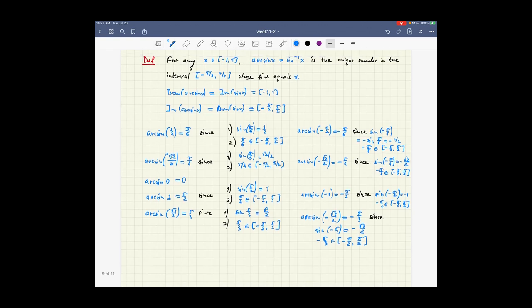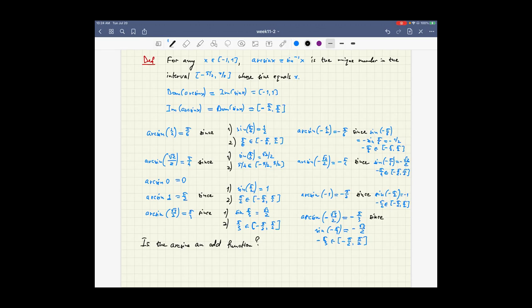In fact, our computations may make us wonder whether arcsine is an odd function. And the answer is yes.